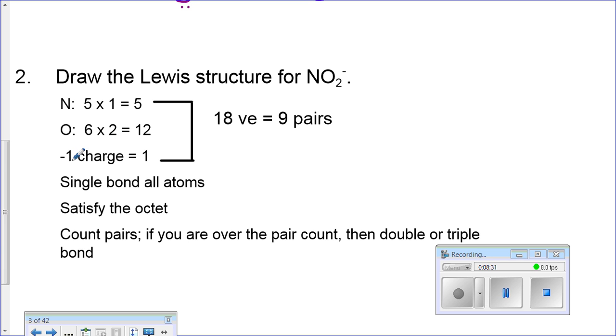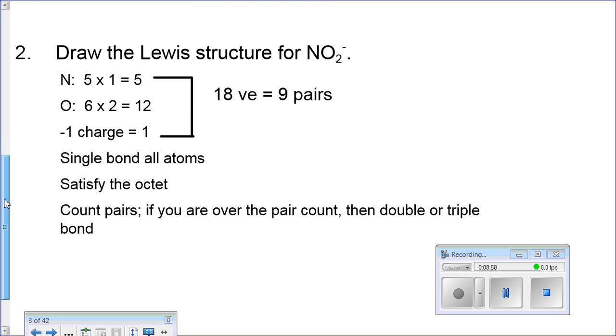The -1 charge, you've got to say this to yourself: negative means that you gain. So -1 charge means that I have 1 more electron that I'm gaining, so +1 here. If you add up 5 plus 12 plus 1, that's going to give you 18 valence electrons, and 18 valence electrons equals 9 pairs of valence electrons.